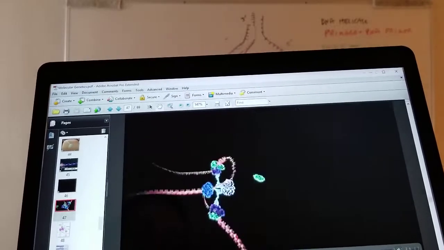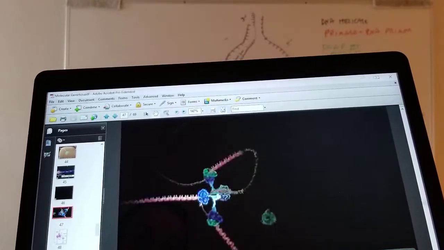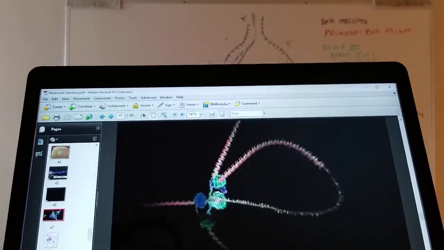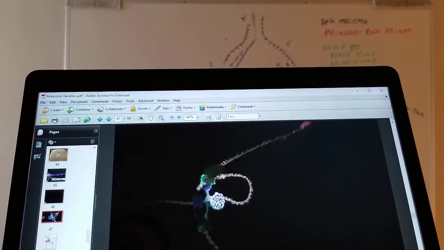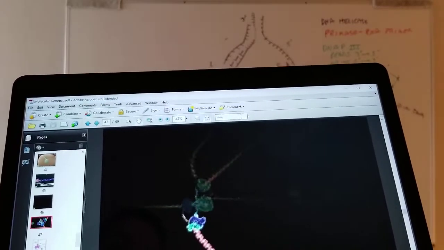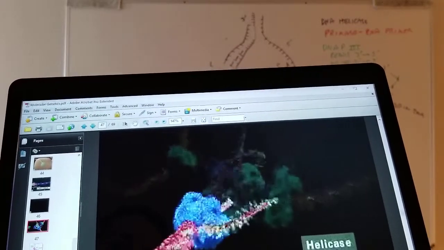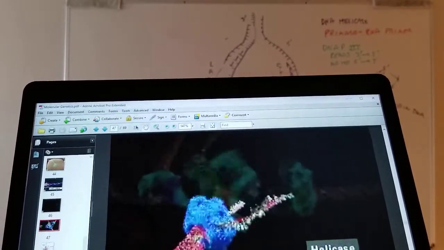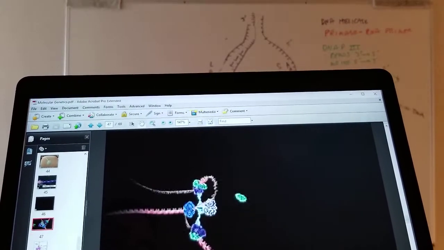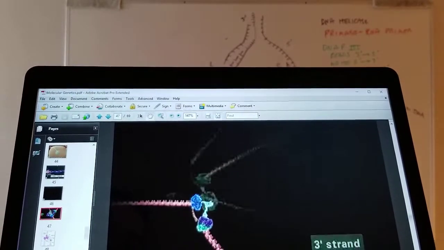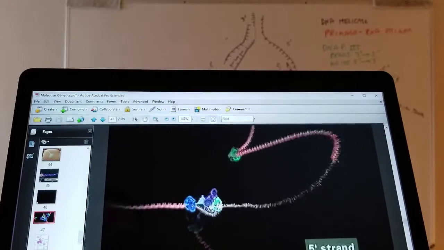The lagging strand is the one on top that's having to flip around. Have to flip it around and copy it backwards. If I fast forward into this a little bit, I can see helicase doing the unzipping. And then on the back end, I'm going to see those DNA polymerases adding in the nucleotides.